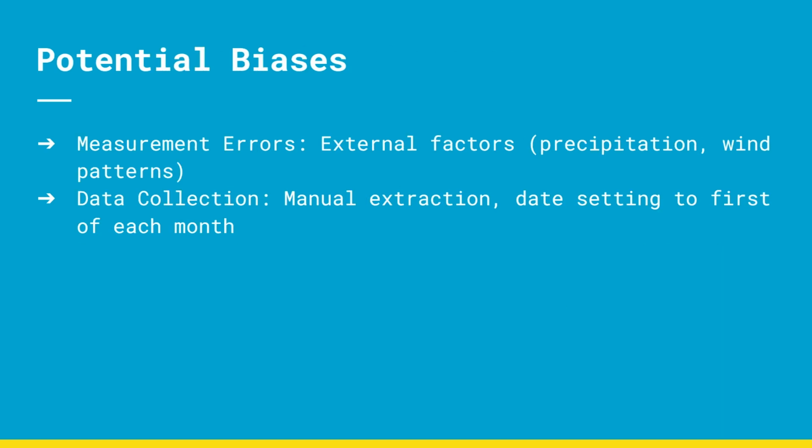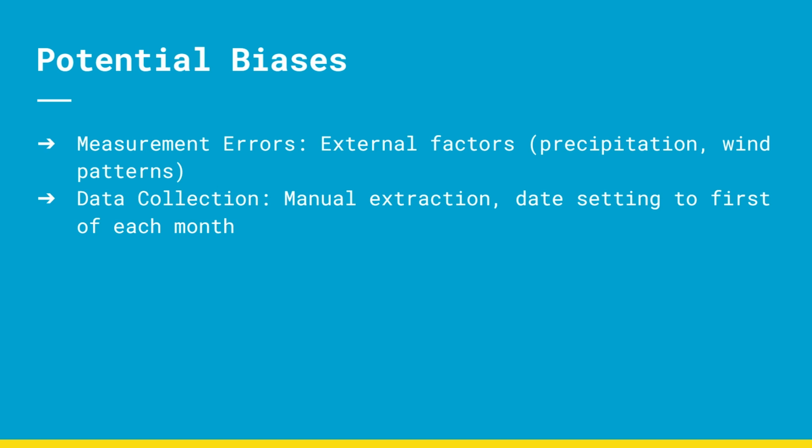Potential biases: the measurement errors, maybe external factors like precipitation, wind patterns. This goes back to adding additional variables that could potentially impact temperature, which we don't see in this data, but other stuff might impact it as well.